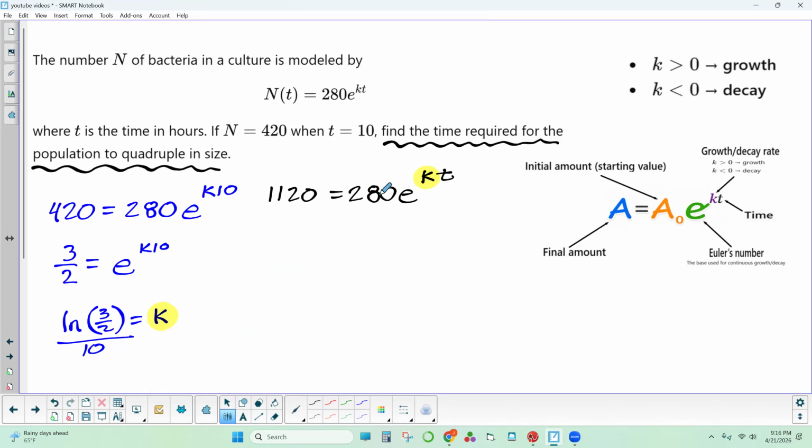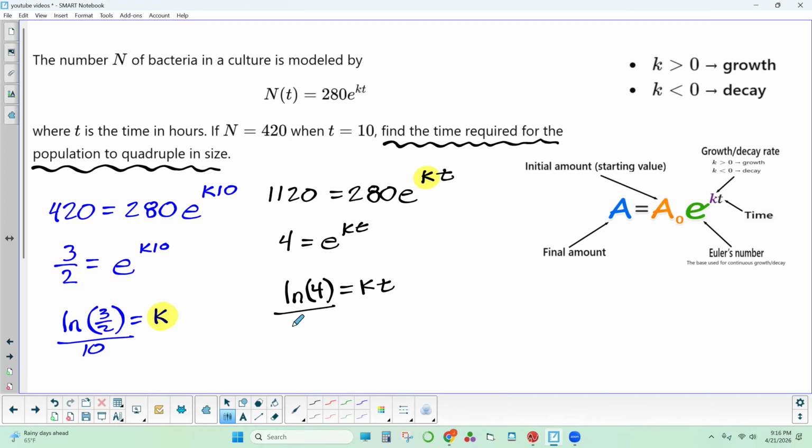I'm going to divide both sides by 280, and that's going to give us 4 equals e raised to the kt. And then I will write the natural log of 4 equals kt.